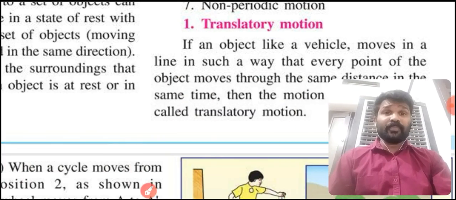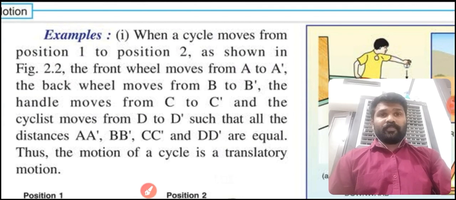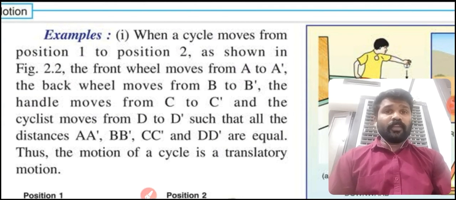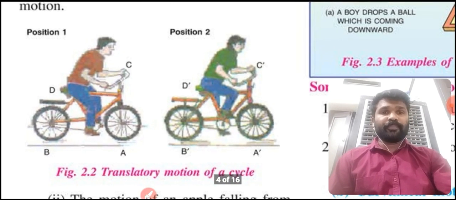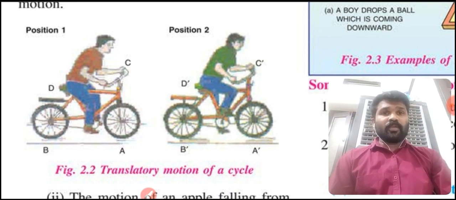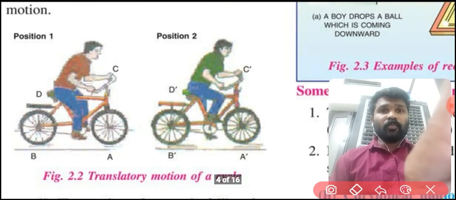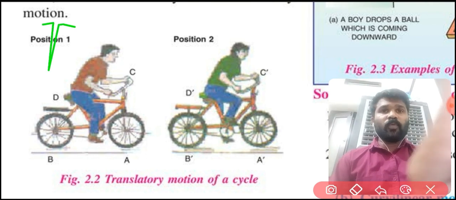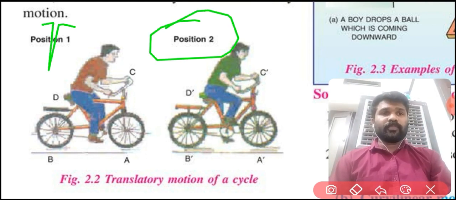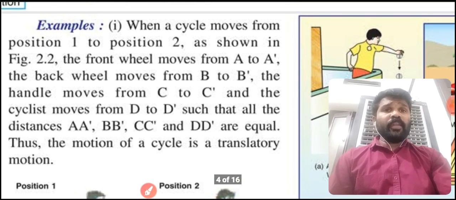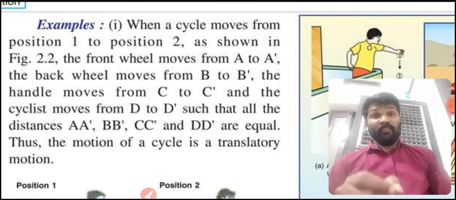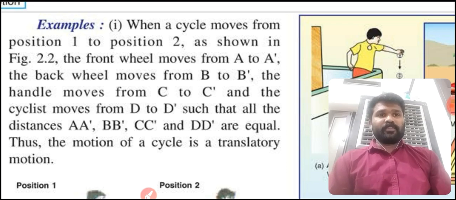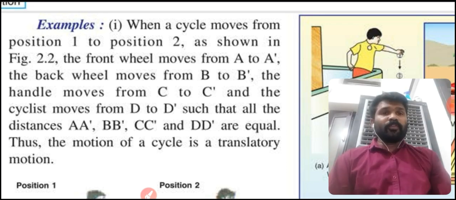Here are some examples. When a cycle moves from position 1 to position 2, as shown in figure 2.2, the front wheel moves from A to A dash and the back wheel moves from B to B dash.